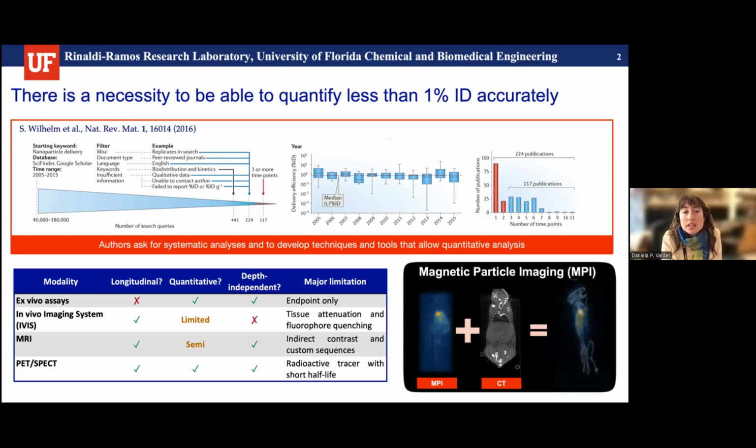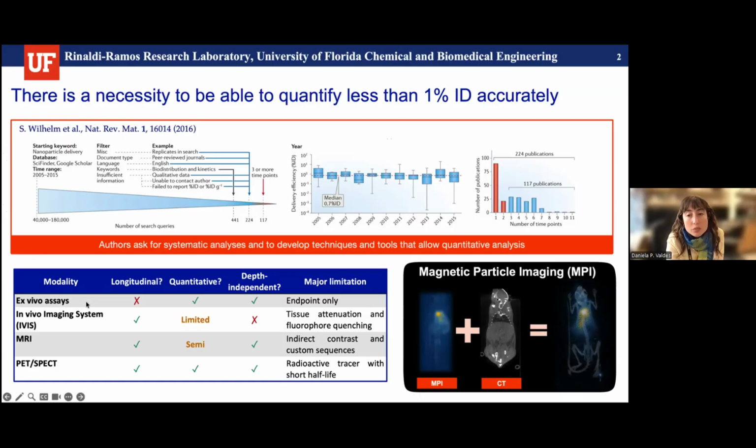So you may say, why not other imaging techniques or other types of assays, such as ex vivo? When we talk about ex vivo, the problem is that it's not longitudinal. It's just an endpoint analysis that we can do.